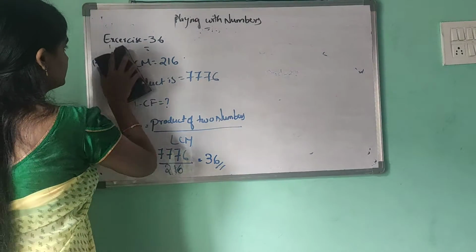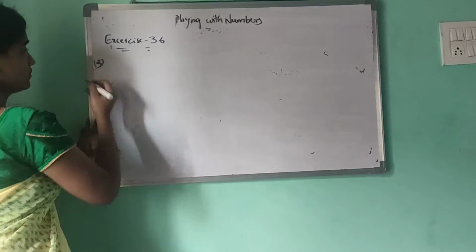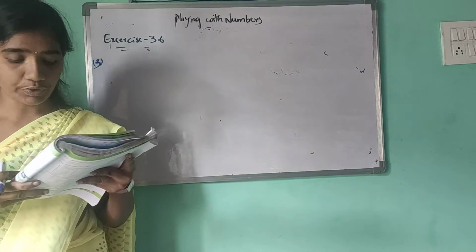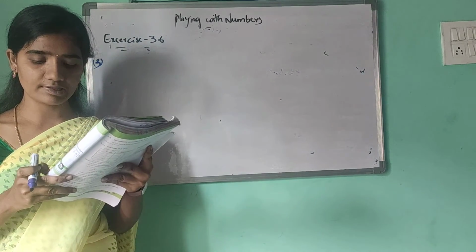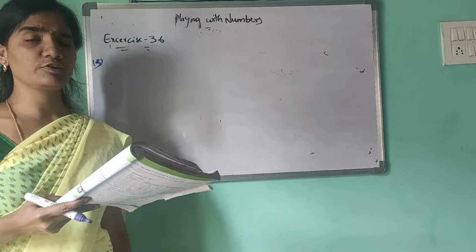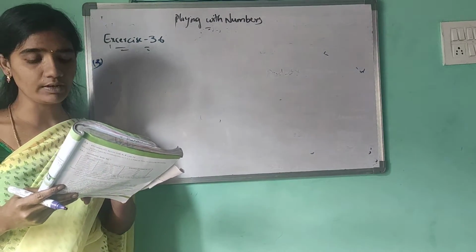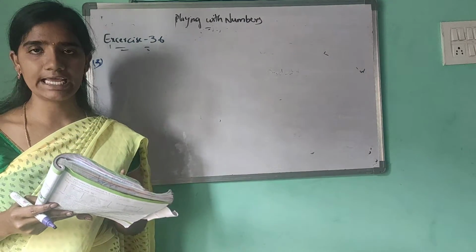Let's go to the third sum. The product of two numbers is 3276. If their HCF is 6, find their LCM. The third sum is also the same, but in this sum the product of two numbers and the HCF are given. Find their LCM.